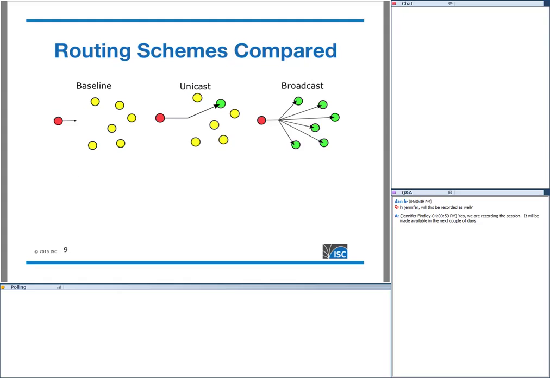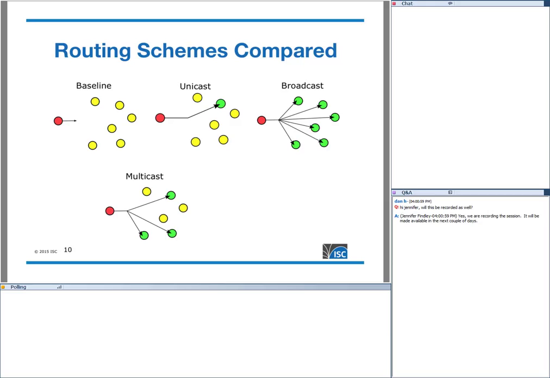This is an example of broadcast traffic. This is typical in a LAN type environment where you have one sender and there are many recipients, and this is regardless of whether the recipients are actually interested in the traffic or not. It is simply a way of blasting out the traffic to everyone. And here's an example of multicast.